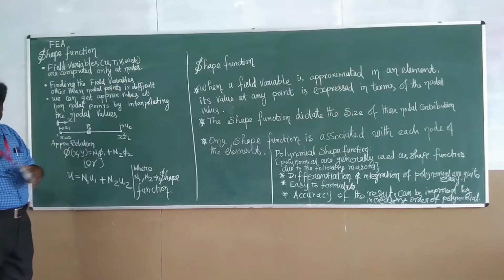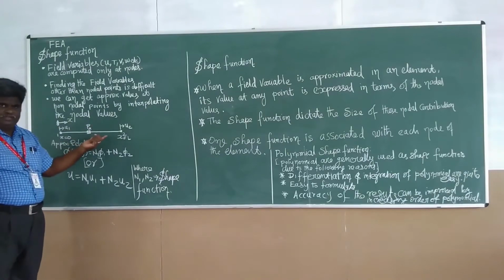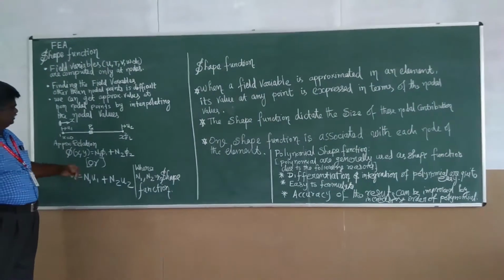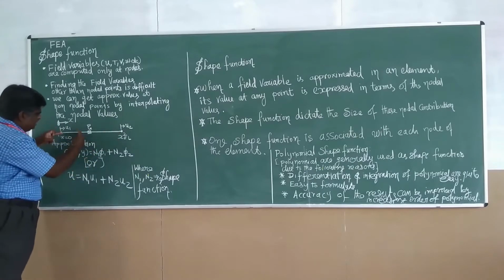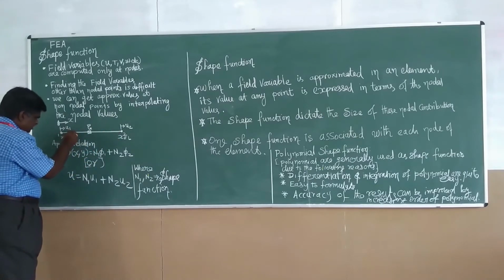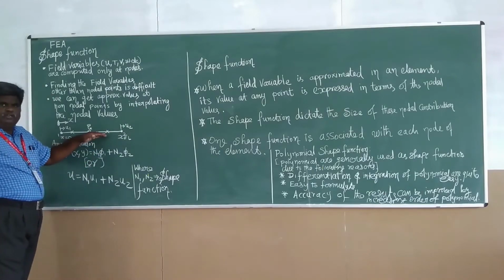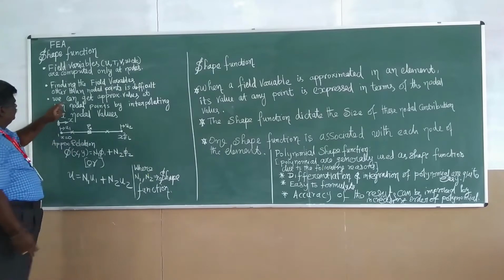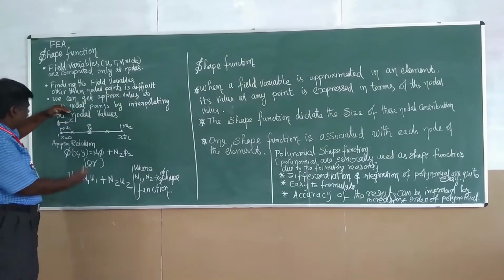How can we calculate it at any point within the element? We use an interpolation function, which is called the shape function. From the nodal values, we can get approximate values at the non-nodal points.